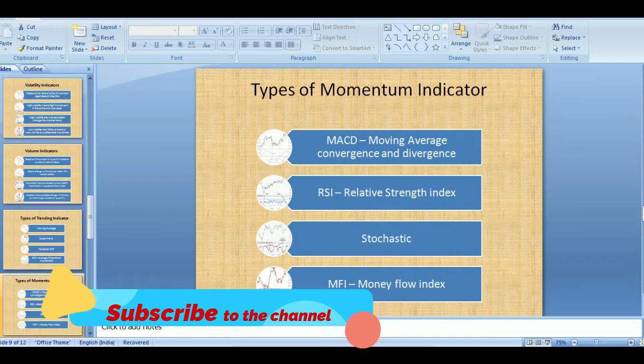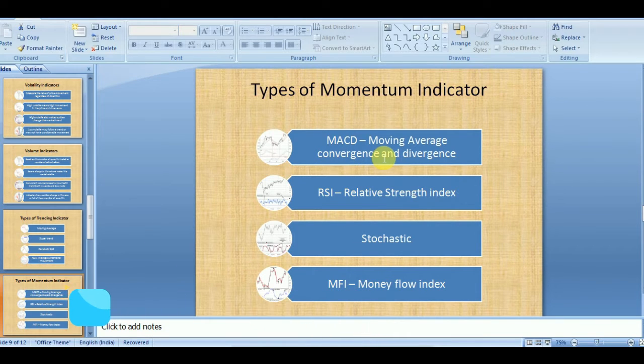After that we started momentum indicators, and we already discussed MACD, and I had uploaded those videos on my channel. You can check the description, and through the link you can see those videos.